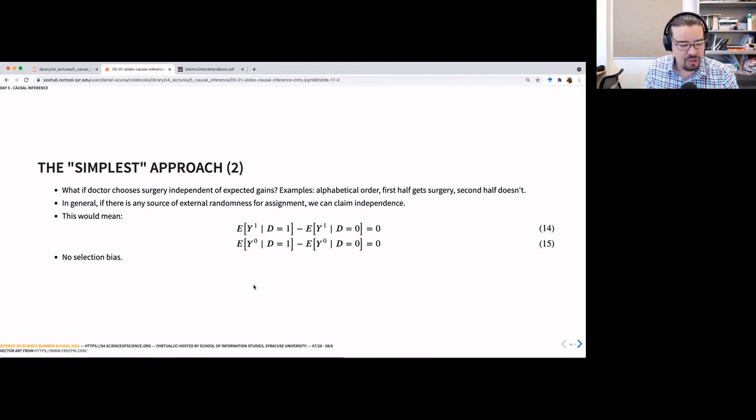Now, let's assume that we have randomization. That's usually what happens with randomized control trials, RCT. In randomized control trials, you get assigned to a treatment randomly. So D is independent of the potential outcome by definition. And this means mathematically that these two quantities are true.